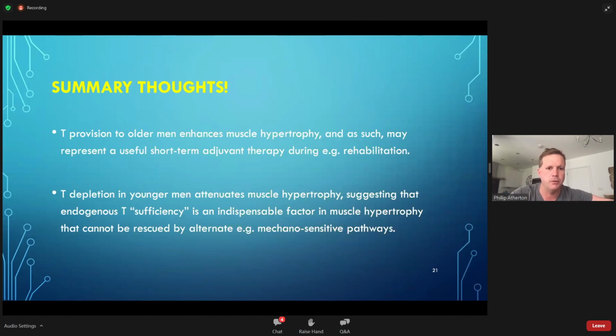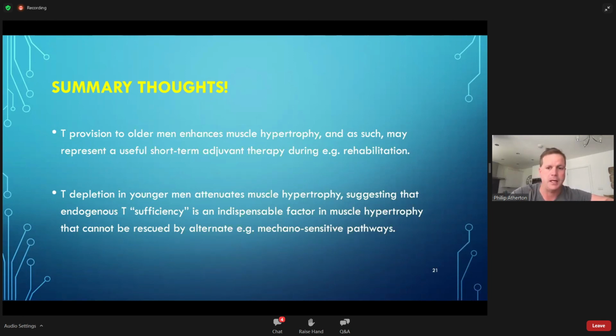There's my summary thoughts. T provision to older men enhances hypertrophy, maybe represent a useful short-term adjuvant therapy, for example, during rehab or prehab, before hospitalization for elective surgery or the like. T depletion in younger men attenuates muscle growth, and that suggests that at least endogenous T sufficiency is an indispensable factor for muscle hypertrophy that cannot be rescued by alternative mechanosensitive pathways.